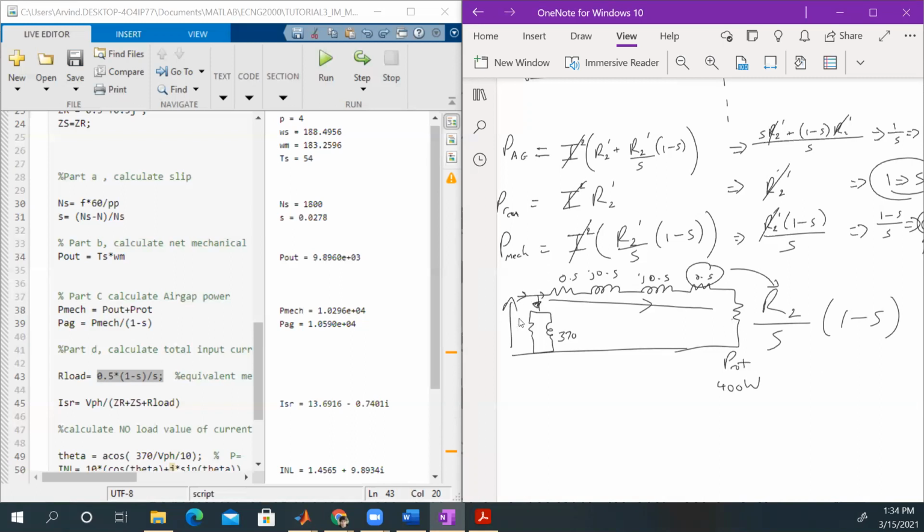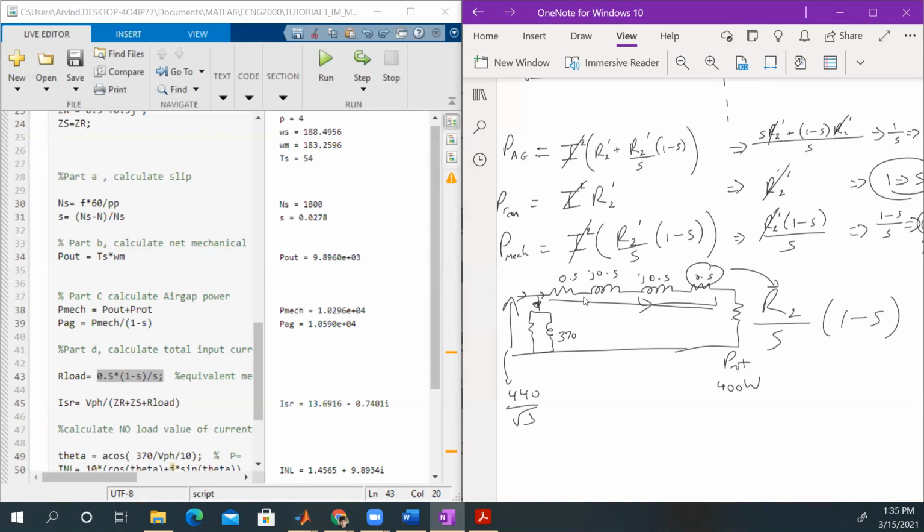So we have the voltage across here now, which is 440 on root 3, and we have all of these impedances. So we could calculate V phase on the rotor impedance plus the stator impedance plus the load, right?